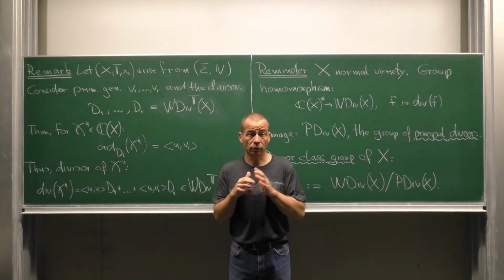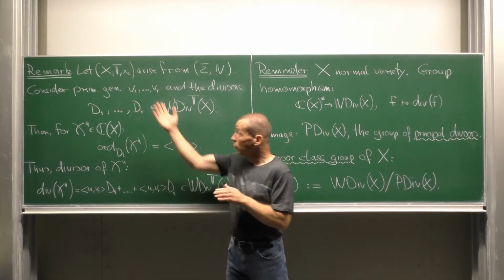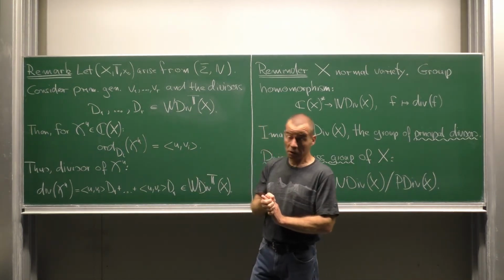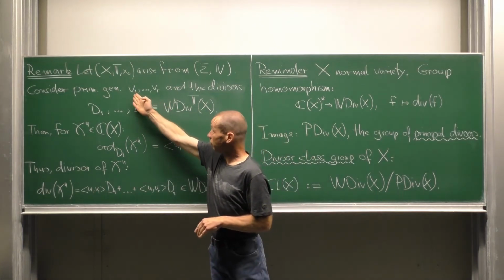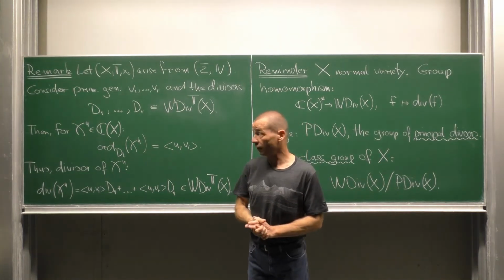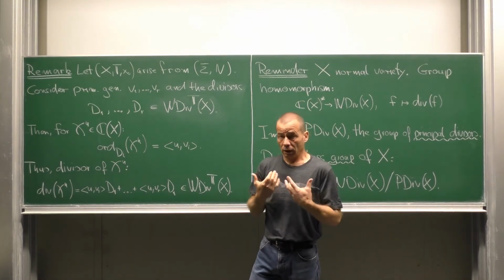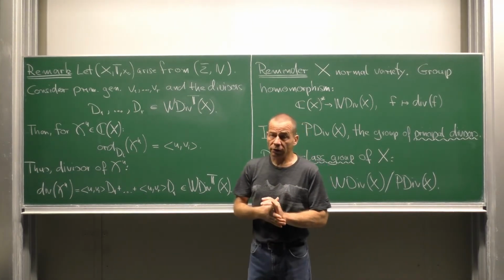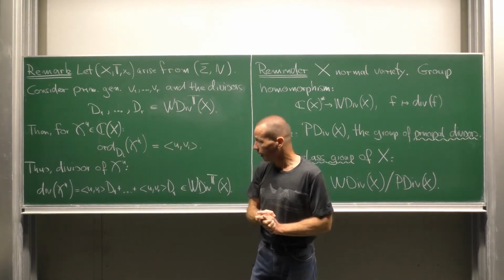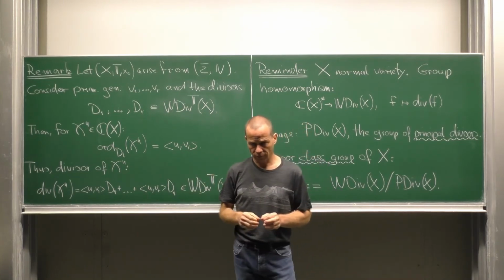We determine the divisor of a character function on a toric variety. So look at the toric variety arising from a lattice fan. Consider the primitive generators v_1 up to v_r of the fan and the associated toric prime divisors D_1 up to D_r. Then the order of a character function χ^u on X along such D_i is u applied to the primitive generator v_i.